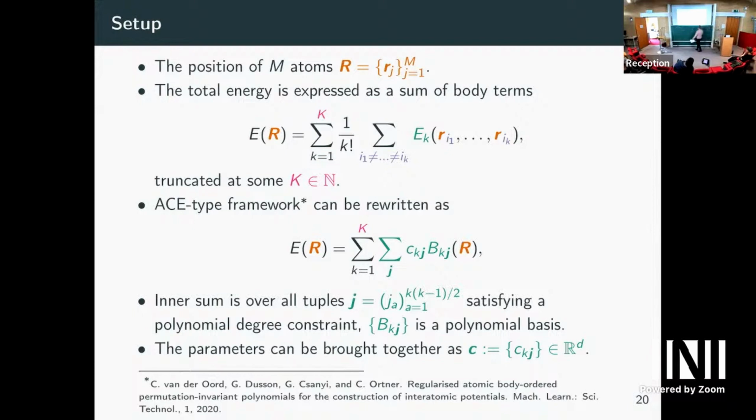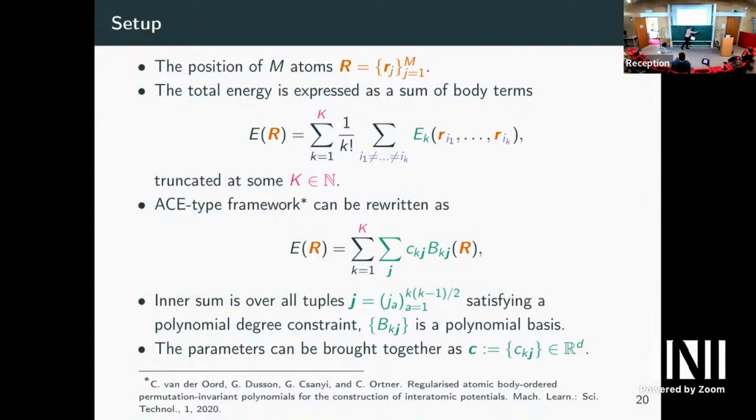So B2 of x2, which is just a scalar, is just the sum of polynomials, and this you can choose as high as possible. And likewise, for the three-body term, it's also a polynomial.